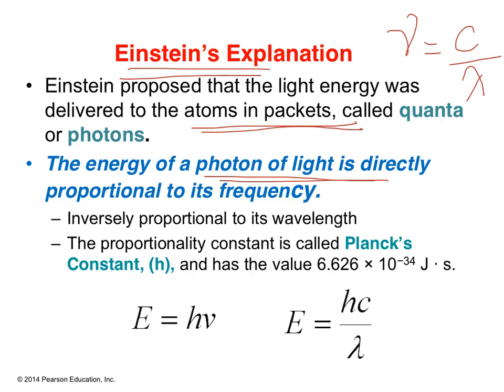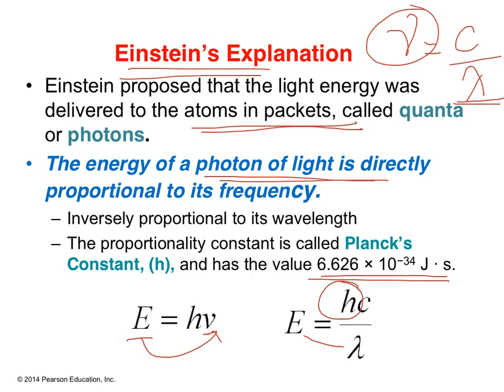So the energy of the photon is directly proportional to the frequency, and thus it's inversely proportional to the wavelength, and the proportionality constant is known as Planck's constant, with a value of 6.626 times 10 raised to negative 34. So energy is directly proportional to frequency, energy is inversely proportional to wavelength, and using these explanations, the photoelectric effect could be easily explained.